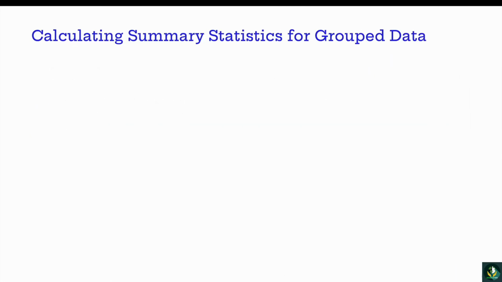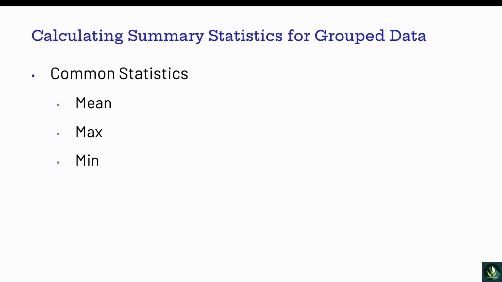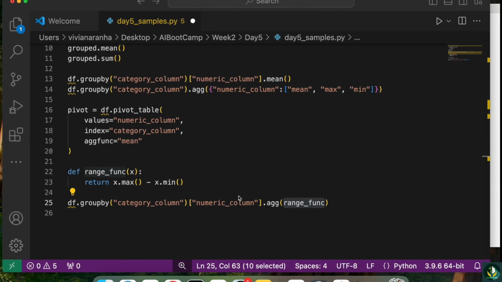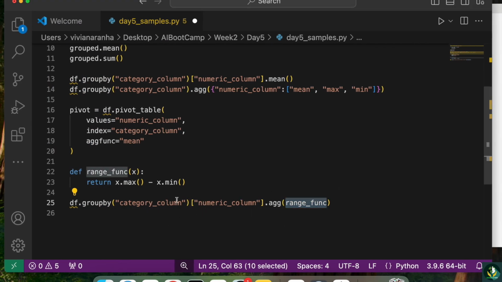Next thing that I want to look at is calculating summary statistics for group data. So if you have group data, how do you get the statistics for it? Some of the common statistics that you can get are mean, max, and min. So I'm going to go here. I have my category column. Now to get the mean, I can just say mean something like this.